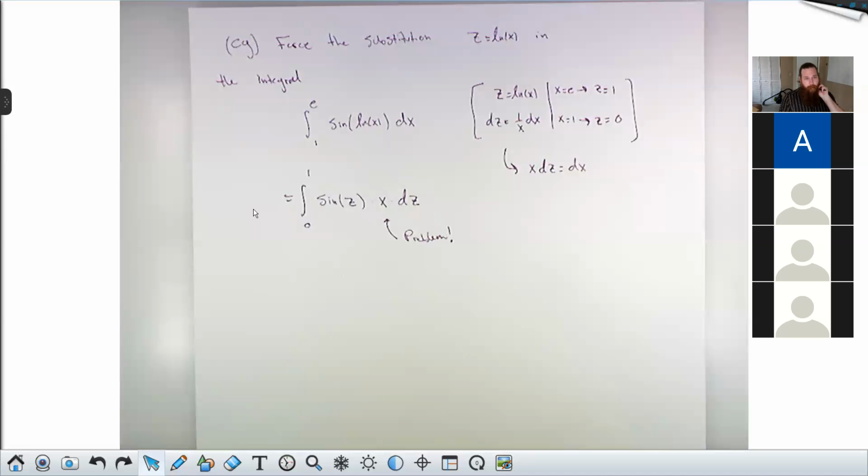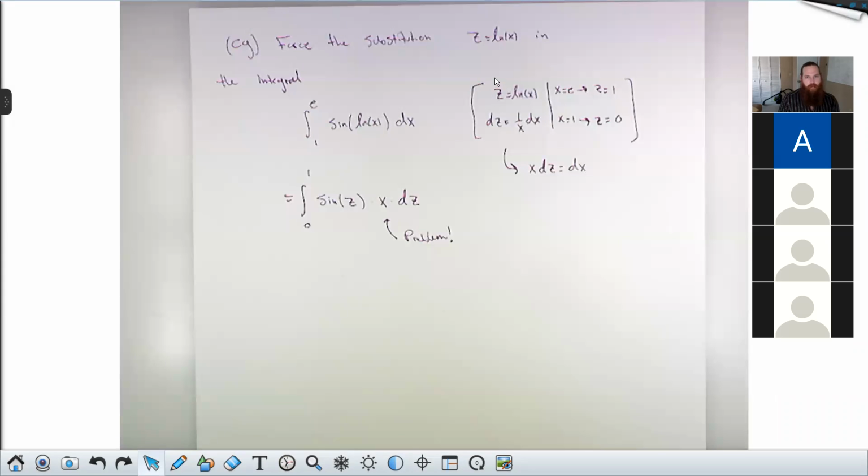Do I have anything on the page that tells me how x and z are related to each other? I think if you go back to the first lecture video, yeah, we did something a little bit like this on one of the problems in the first day.